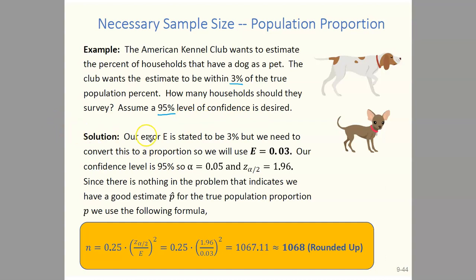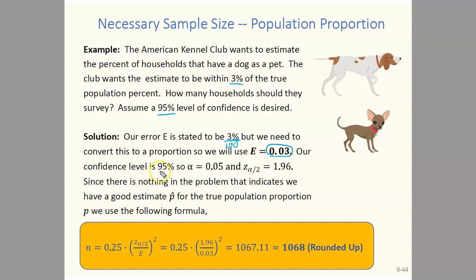Now for our solution, note that the maximum error E is stated to be 3%. But we need to convert that to a proportion, so we divide this by 100, and we get 0.03. So this is the value that we'll use in our formula.